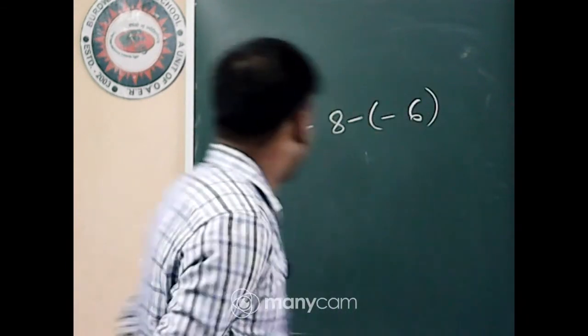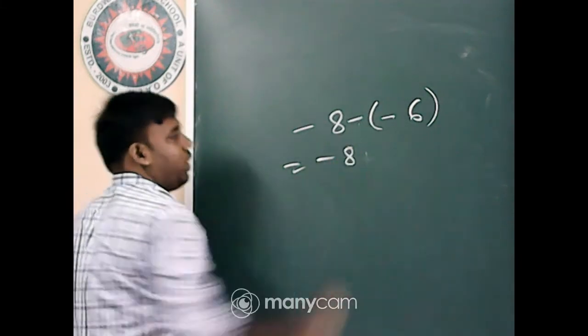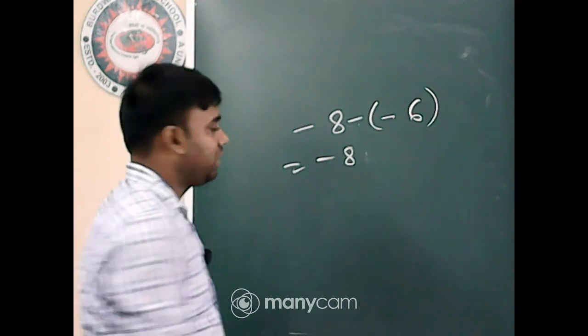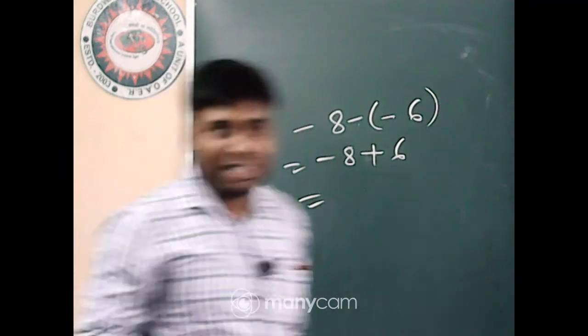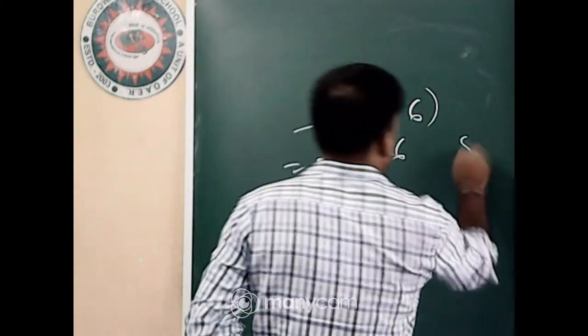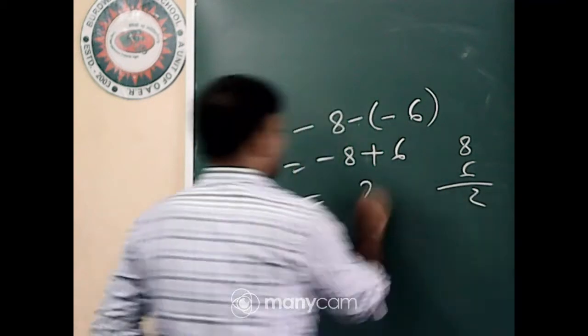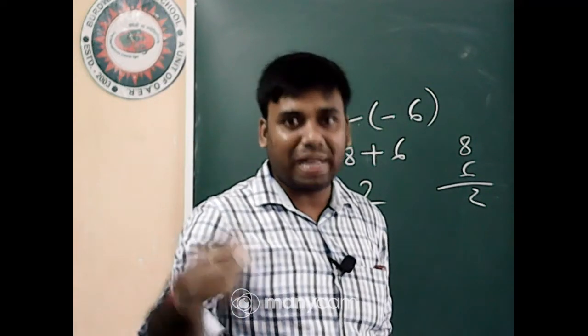Okay, so first step, minus into minus. What will be the sign of minus into minus? That is plus 6. Now the signs of 8 and 6 are opposite. Which one is greater? 8. So subtract 6 from 8, that is 2. So write it down here 2. And what will be the sign? Sign of 8, that is minus.